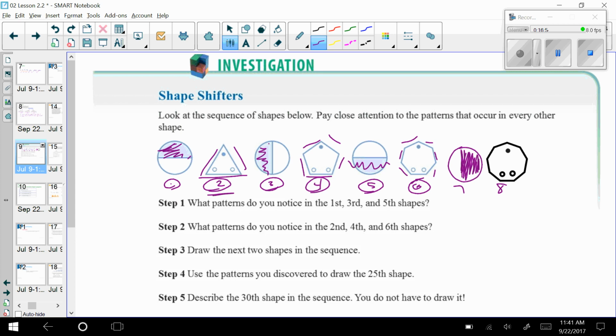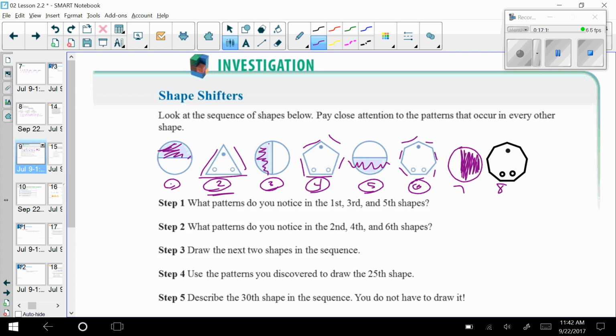Now use the patterns that we discovered to draw the 25th shape. Well, let's see, the first shape is a circle with the top half shaded in, and then the 9th shape would be the same thing. So after 8 shapes, it goes back to the original, the odd numbers go back to the original sequence.